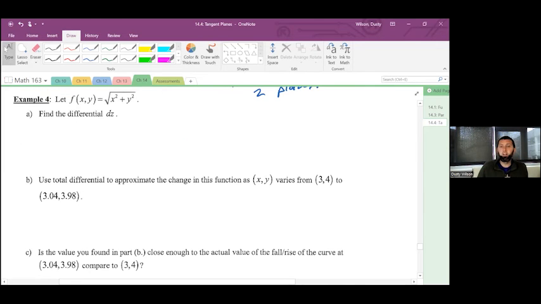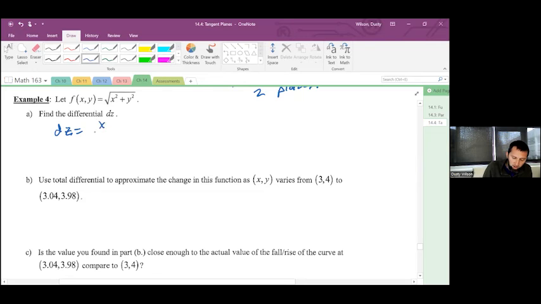Example 4, let f of x, y be equal to the square root of x squared plus y squared. A, find the differential dz, or the total differential dz. And so our dz is going to be equal to the partial derivative with respect to x.